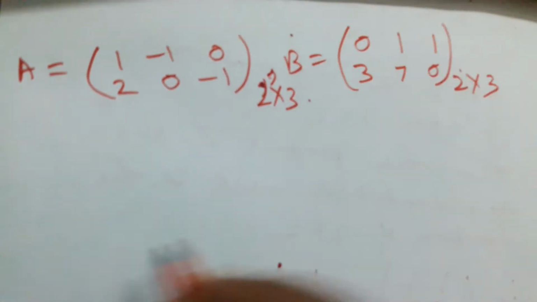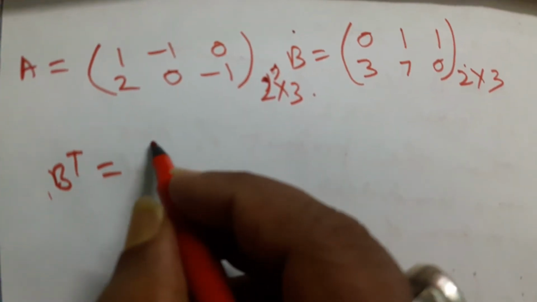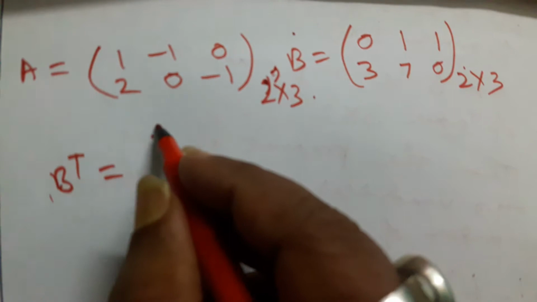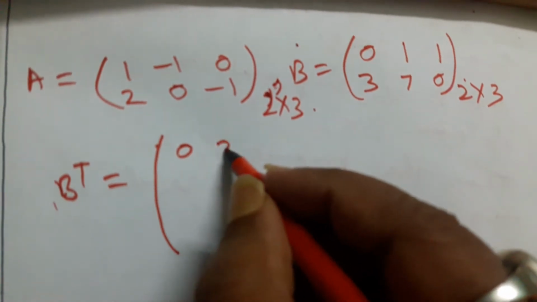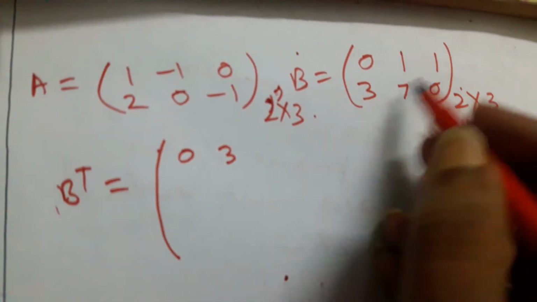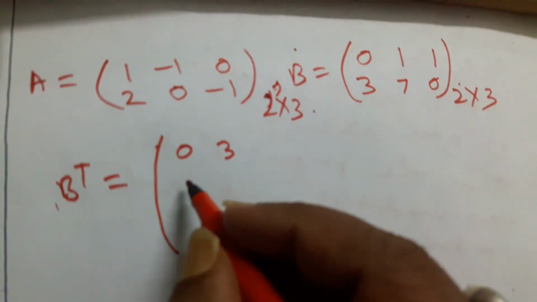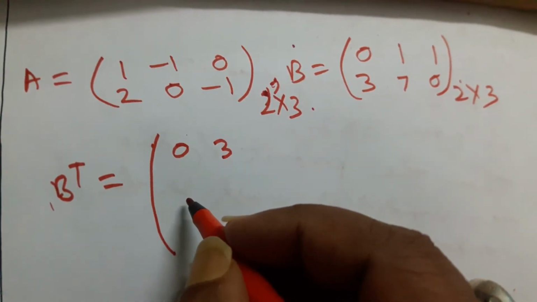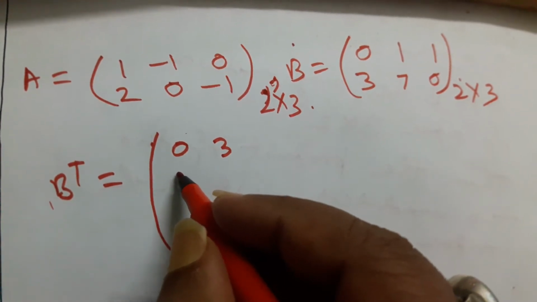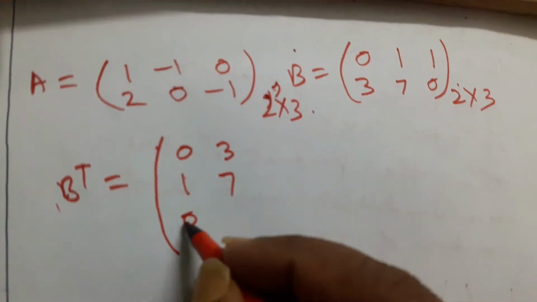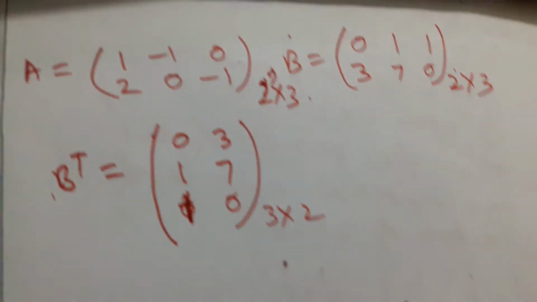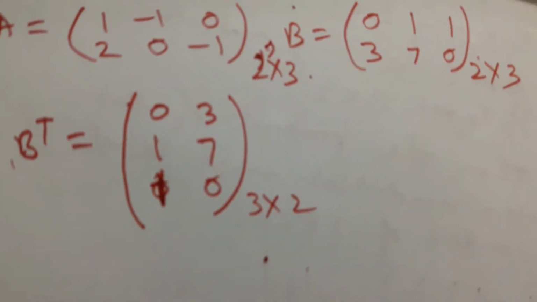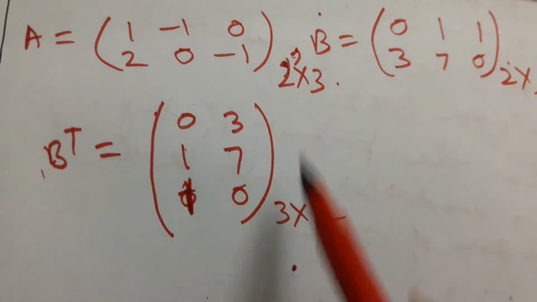But if we take the transpose of the matrix, and we already got the idea about the transpose of a matrix, we get this result: 0 3 in the first row, 1 7, and 1 0, which is of order 3 by 2. Then this product is possible.